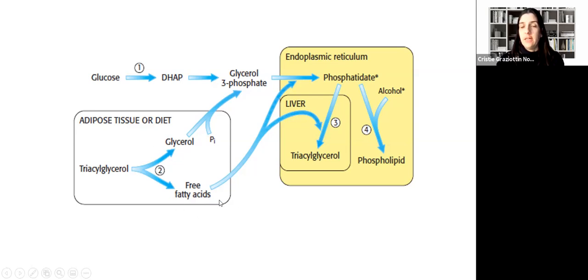These free fatty acids can go through the blood and get to the liver, and they can be re-esterified to triacylglycerol. But once they get to the liver, they can also be used for the synthesis of phospholipids, and this is the class of lipids that we're going to concentrate on today.